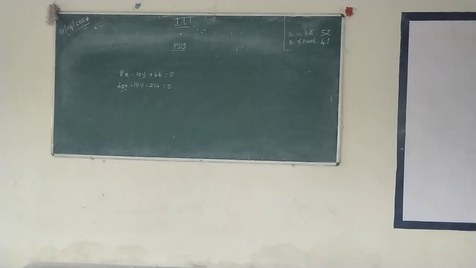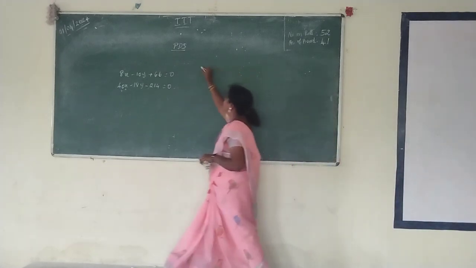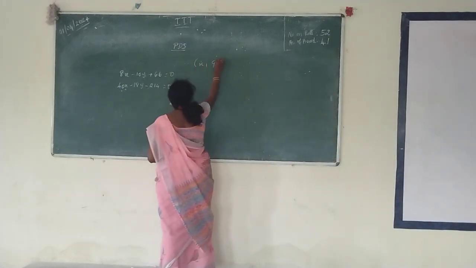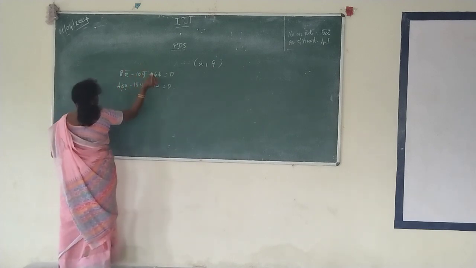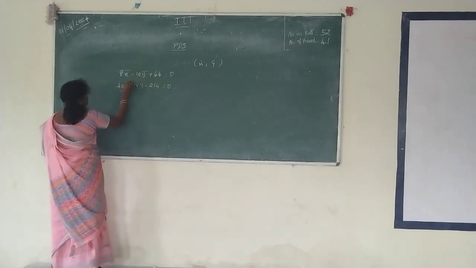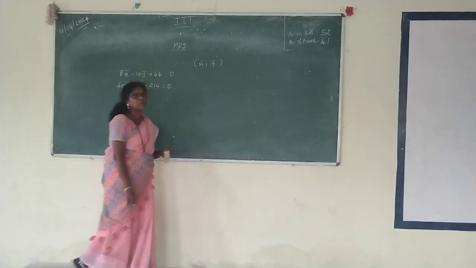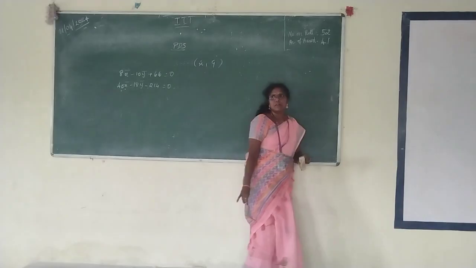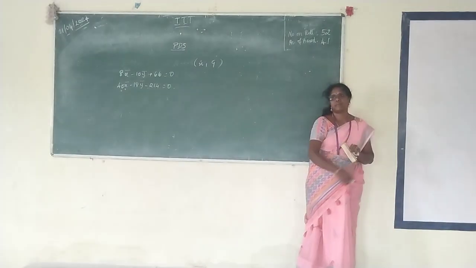Therefore, 8 x bar minus 10 y bar plus 66 is equal to 0, and 40 x bar minus 18 y bar minus 214 equal to 0. Solve simultaneously and find x bar and y bar.